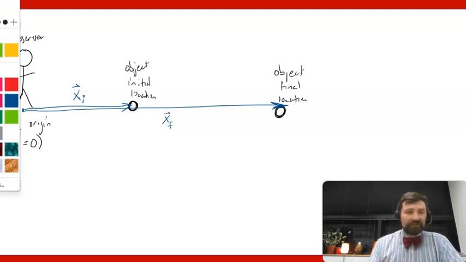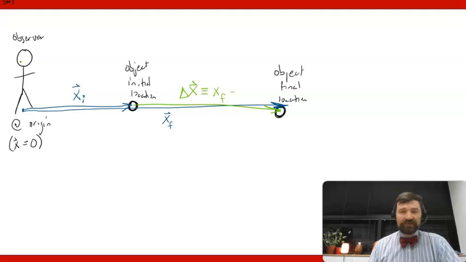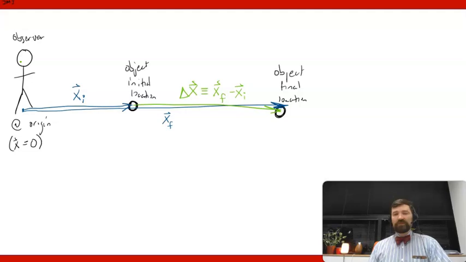And my displacement from initial to final would be this arrow that points from the initial to the final and could be represented by delta x, which again is x final minus x initial. So that would be my displacement.